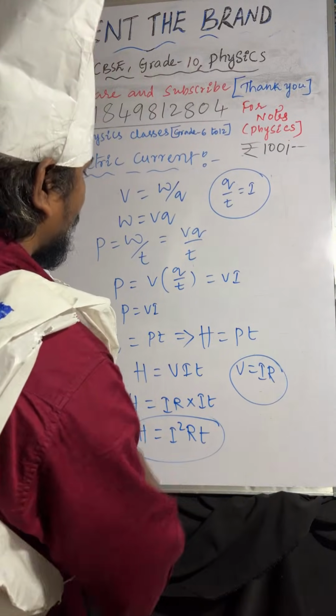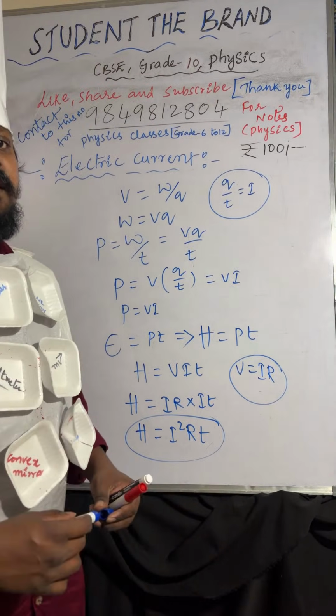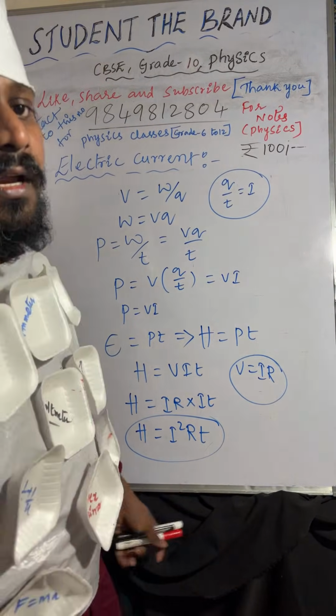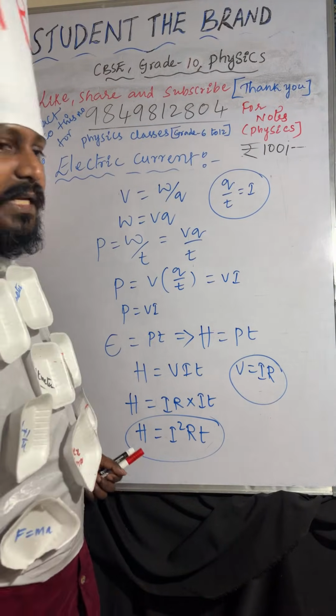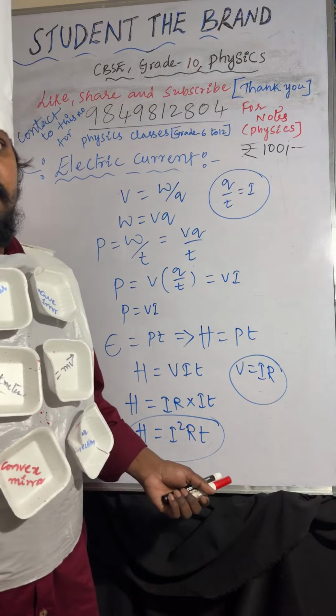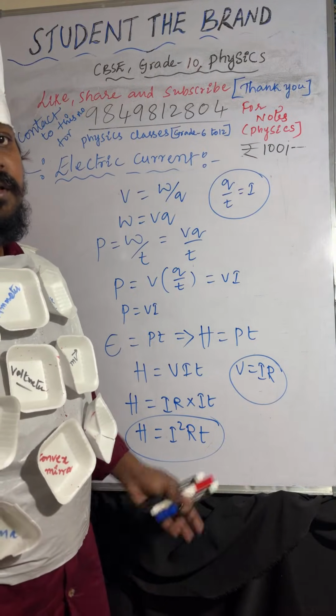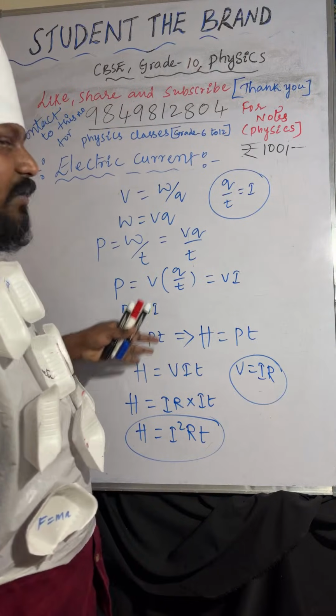Heat produced in the conductor is directly proportional to current, directly proportional to resistance, and directly proportional to time. So this is about heat produced in the conductor.